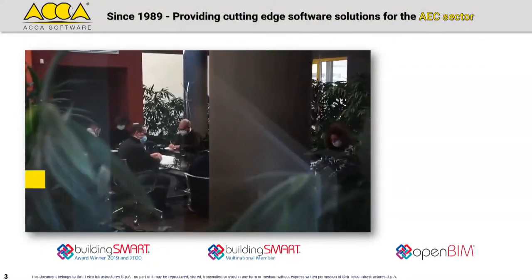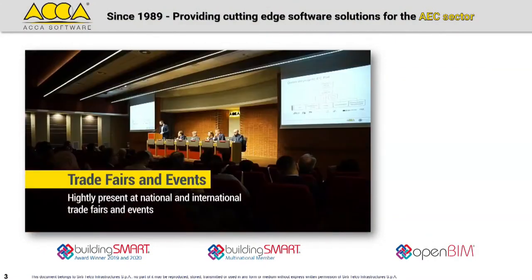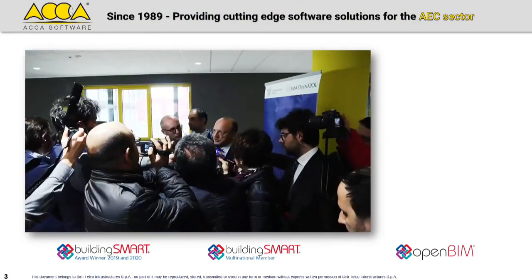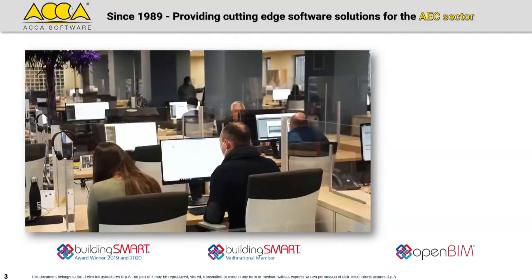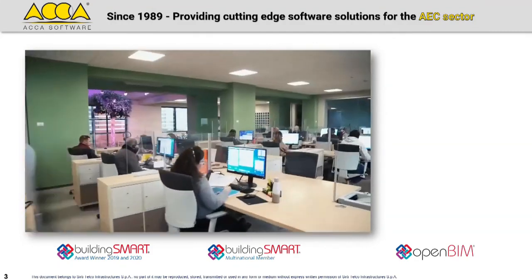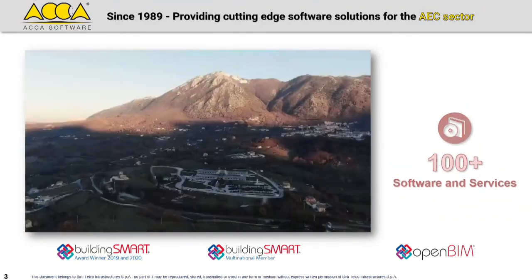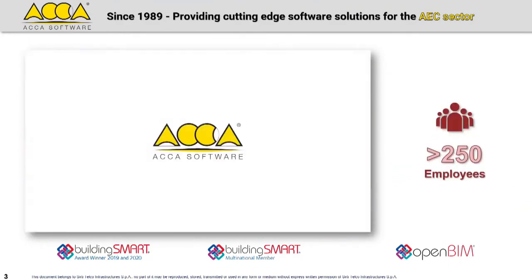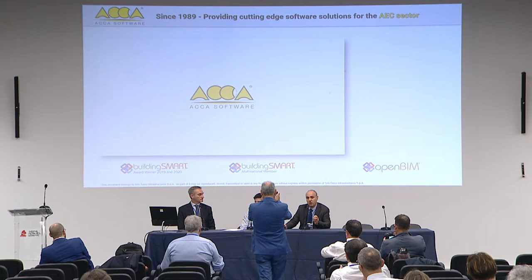H Software is the Italian market leader for AEC software and has produced more than 100 software since 1989. Over time it has achieved various records, including having produced the first common data environment certified by buildingSMART International. Nowadays, H Software is also the company with the largest amount of OpenBIM certified solutions in the whole world. Thank you.